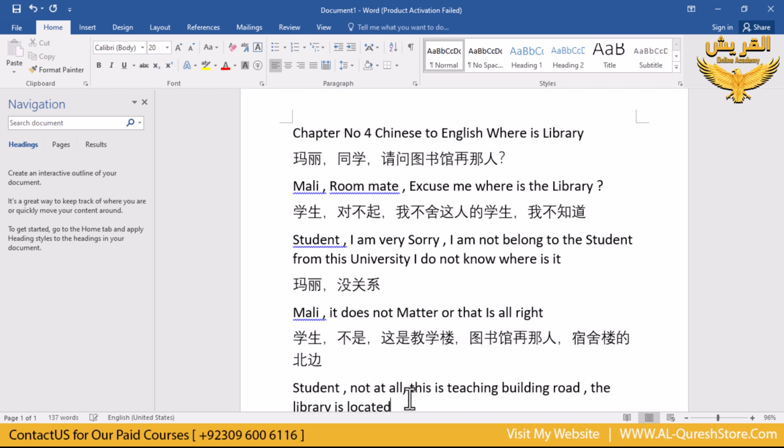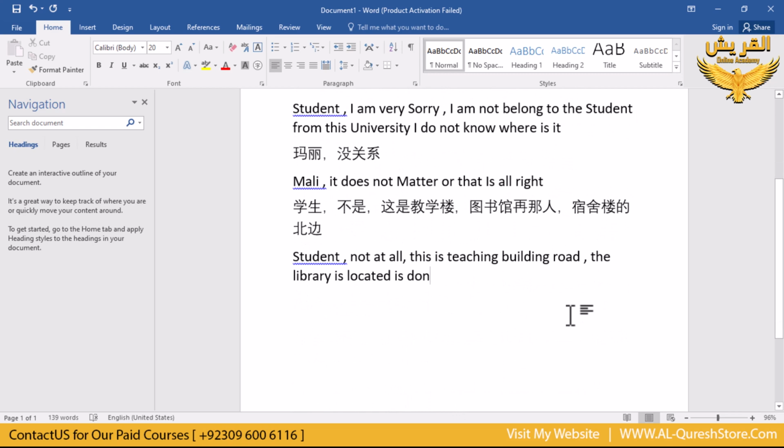Low CAT located is dormitory, dormitory student. Located, dormitory.